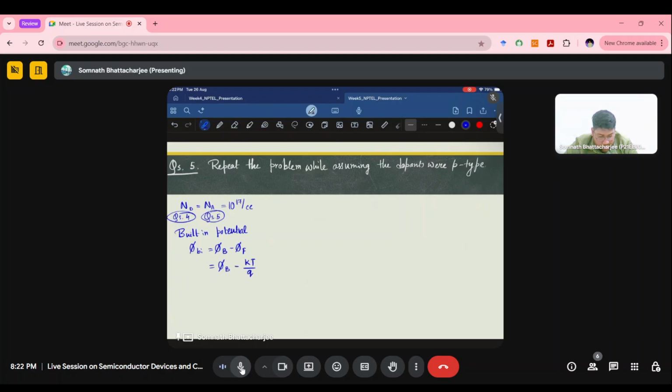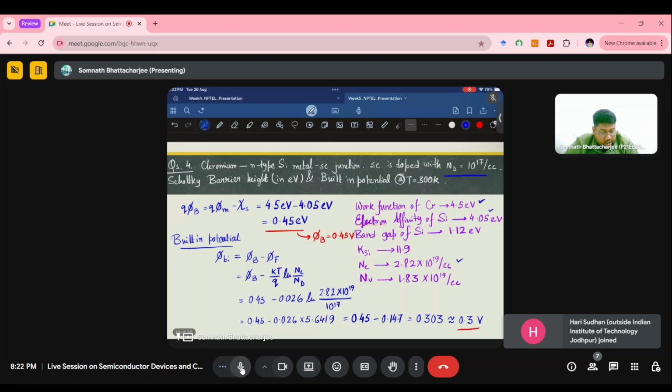kT by q ln of NV by NF. Right now NA and ND were both same for both the questions, so the lower term will remain the same. But there would be a change in this value. The NV value was previously 2.8 into 10 to the power 19, but this time it would be 1.8 into 10 to the power 19.